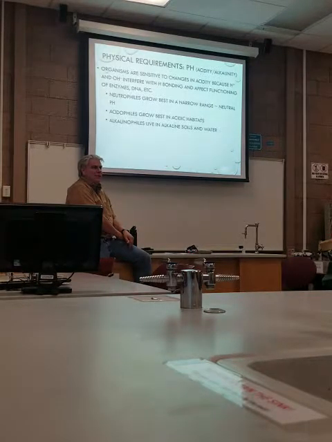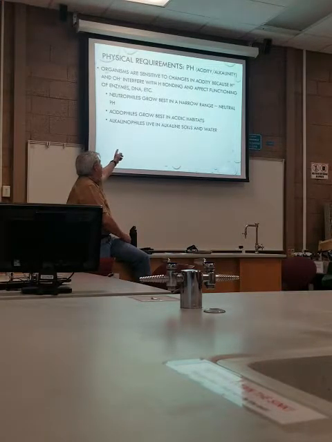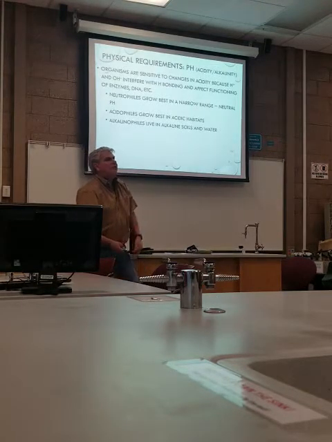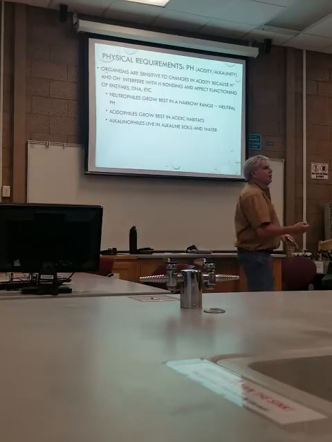So what would you be? Are you going to be an acidophile? Is it going to be an alkaliphile? Nope, it's going to be a neutrophile. So both pathogens are going to be mesophiles, neutrophiles.